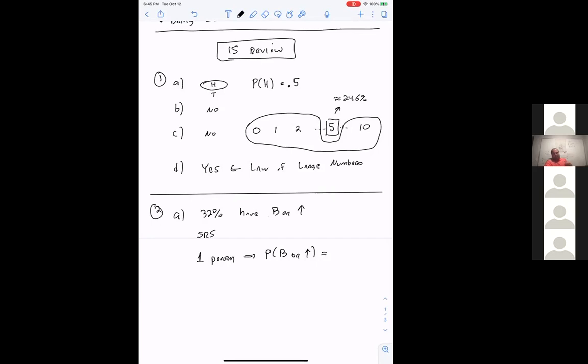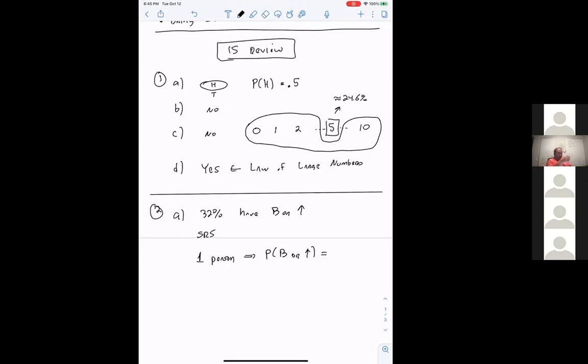Do me a favor, take out your calculator. What is 1 over 0.32? 3.125. How can the probability be 3.125? I think that was wrong also. It shouldn't be 3 point something.